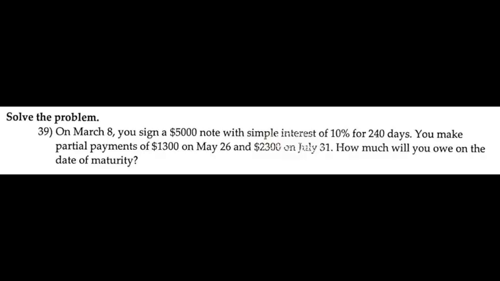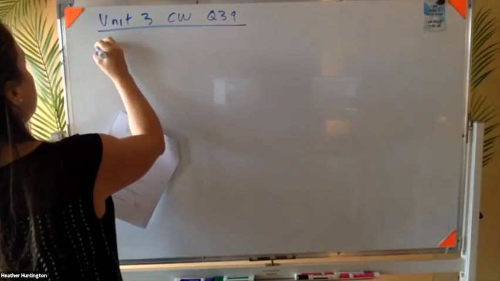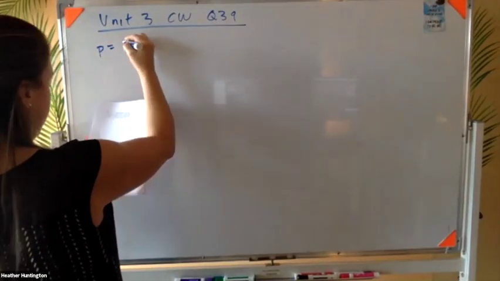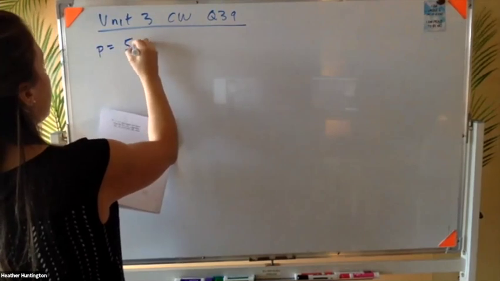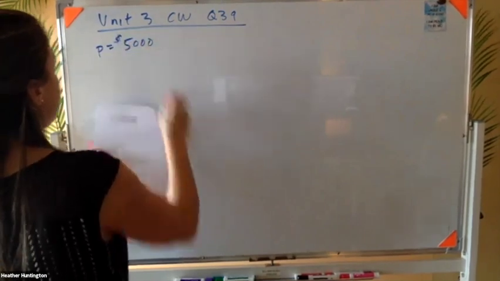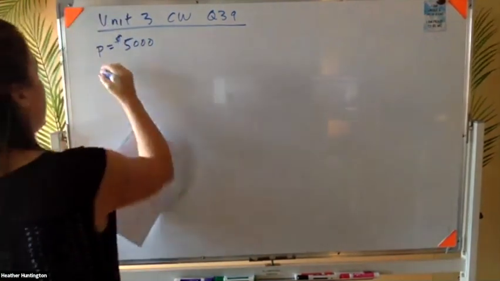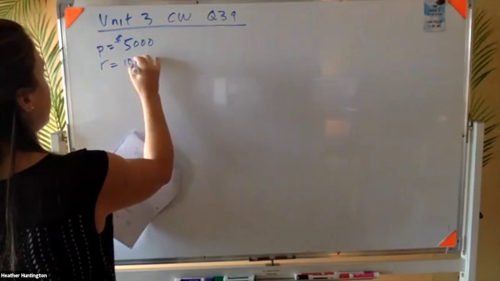Q39 says on March 8th, you sign a $5,000 note with simple interest of 10% for 240 days. Okay, so our principal is 5,000. Our rate is 10%.